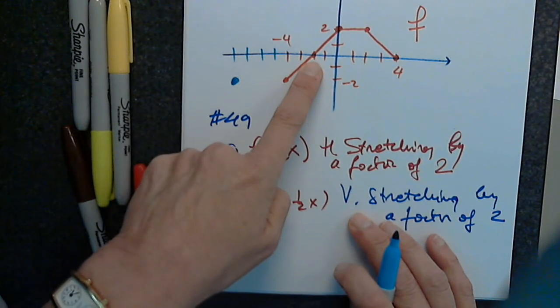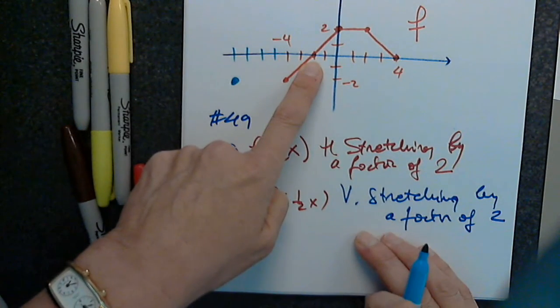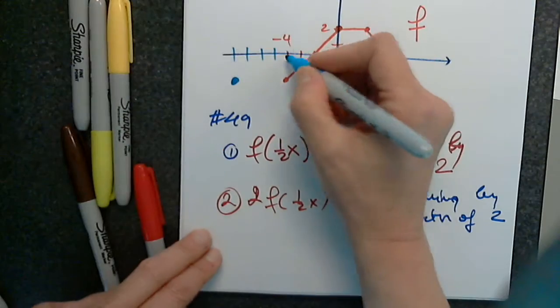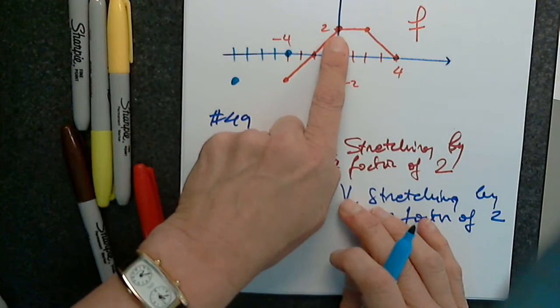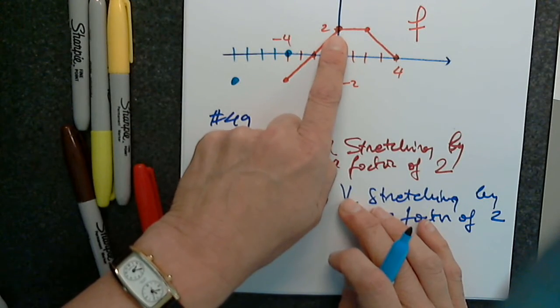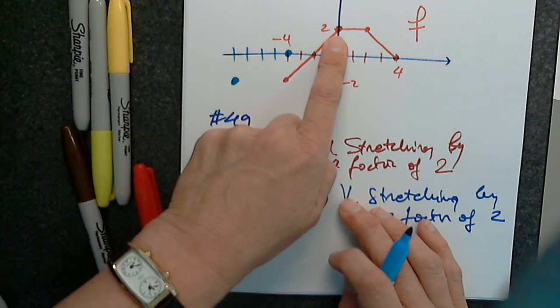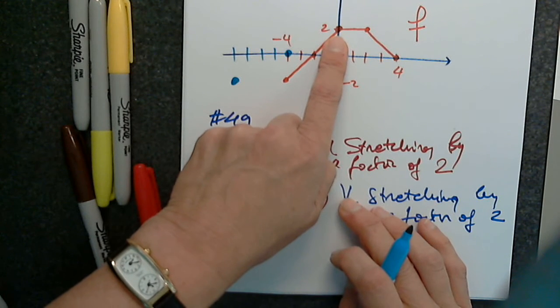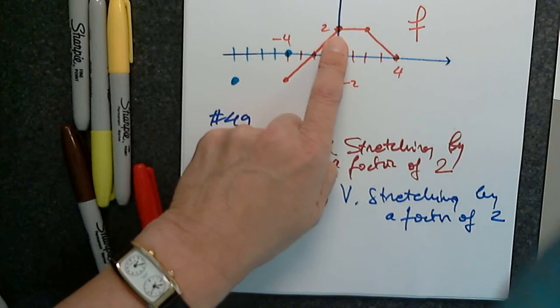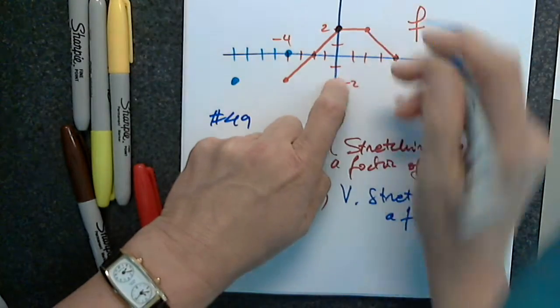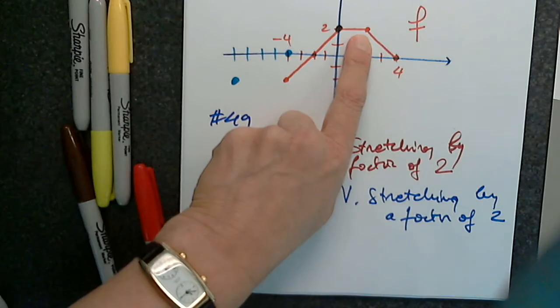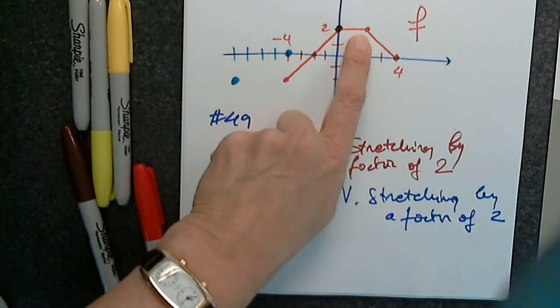Now, this point has x at -2. Where will it go? This point has x 0. Where will it go? The answer is nowhere, because 0 multiplied by 2 is exactly 0. This point has x equals 2. Where will it go?